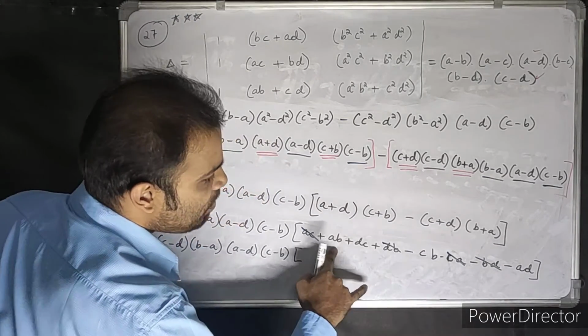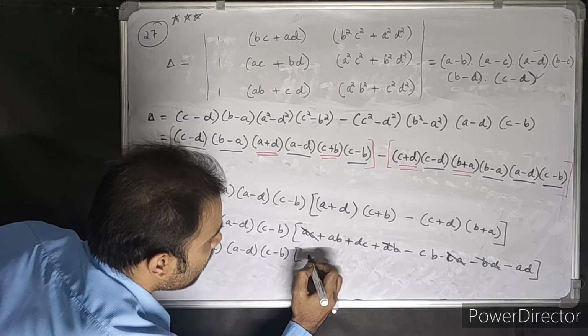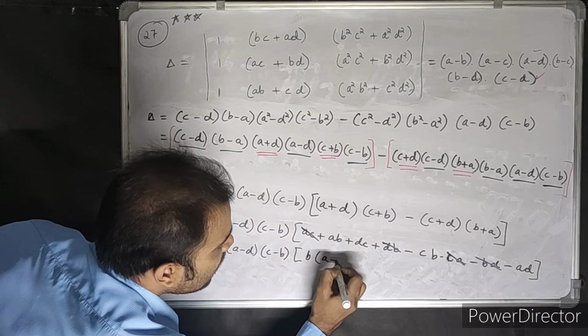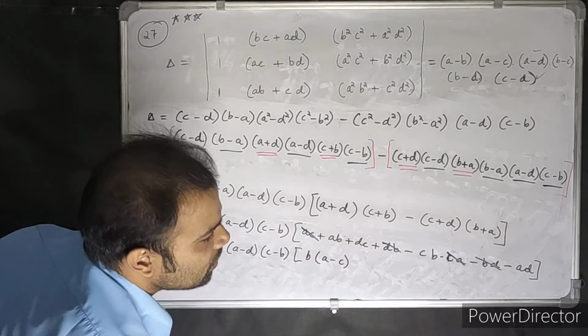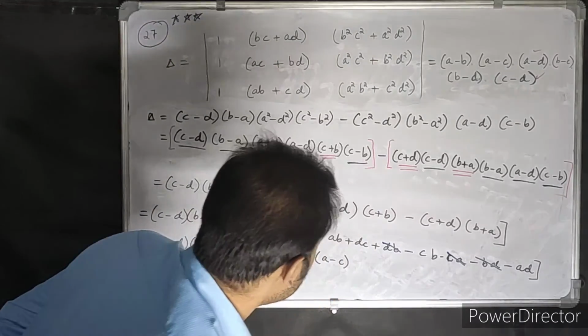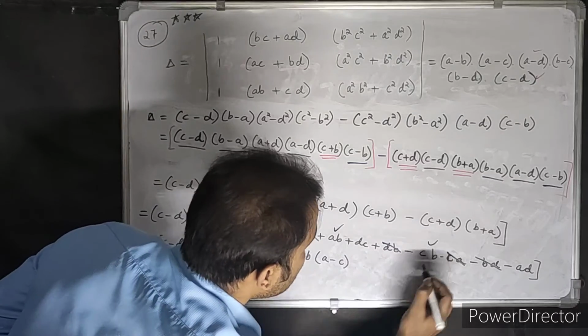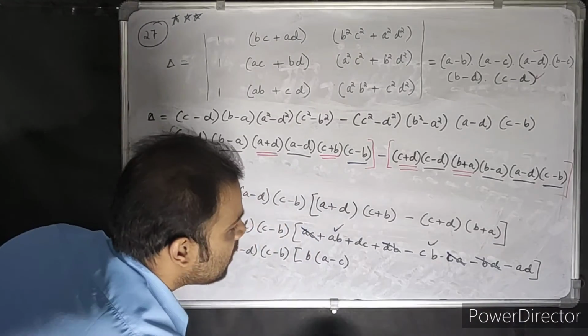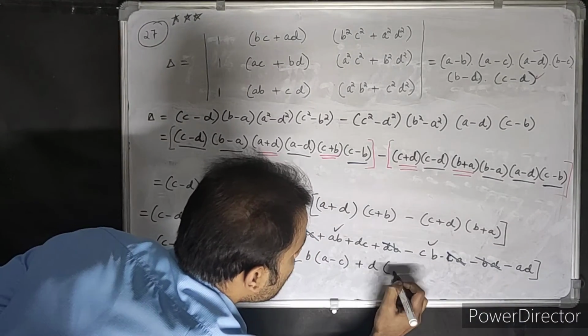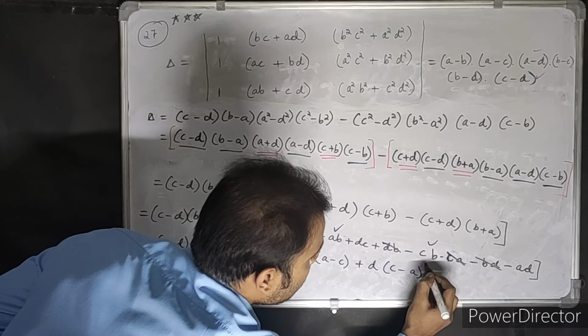From here AB and CB, what's common? B is common. So take out B, you're left with A minus C, A and C. And what else was there? DC was there. Okay, we have taken this and this together. Now DC and AD. So take a D, you have C minus A.